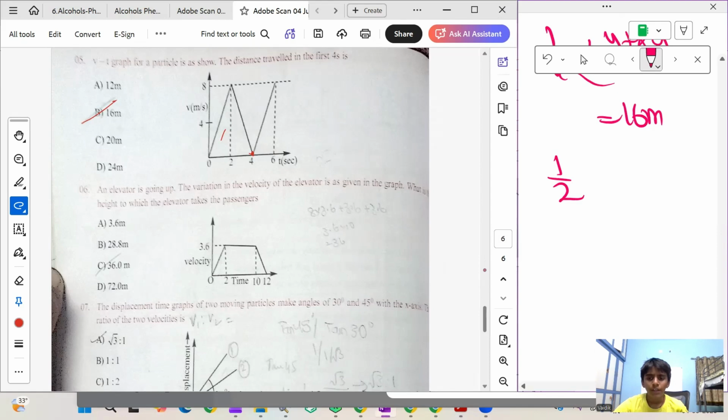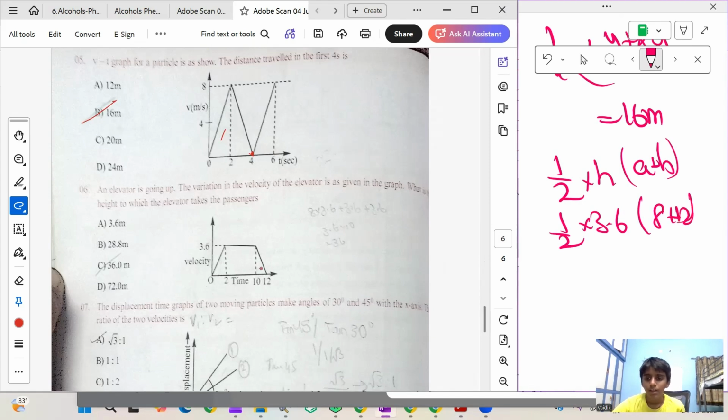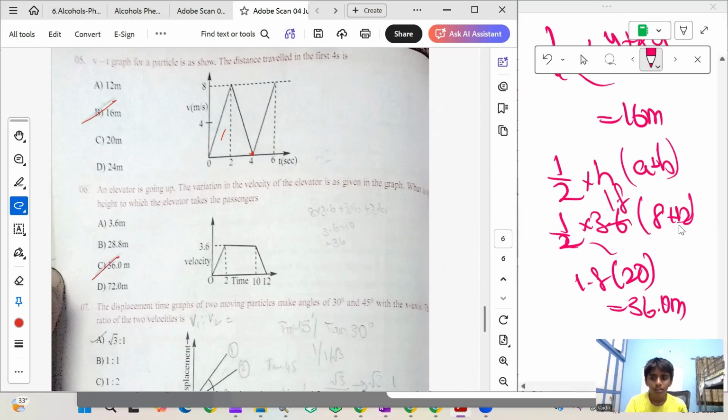Trapezium is half into height into sum of parallel sides. Means half into 3.6 into 2 to 10. Means 8 plus 12. 1.8 and 1.8 into 20. So the total distance traveled by the elevator is 36 meters.